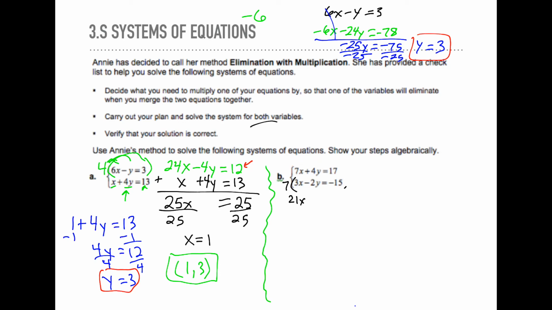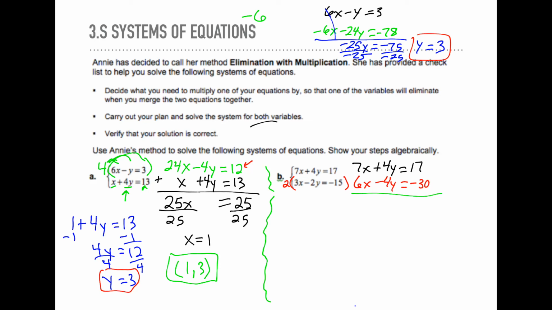But remember, I asked you what's going to be the easiest. So the easiest is just going to be to cancel the y's, which means all we would have to do is multiply this bottom part by 2. So the top equation is going to stay the same, 7x plus 4y equals 17. But this bottom equation, when I multiply it by 2, is going to become 6x, 2 times a negative 2y is negative 4y, and 2 times a negative 15 would be a negative 30.